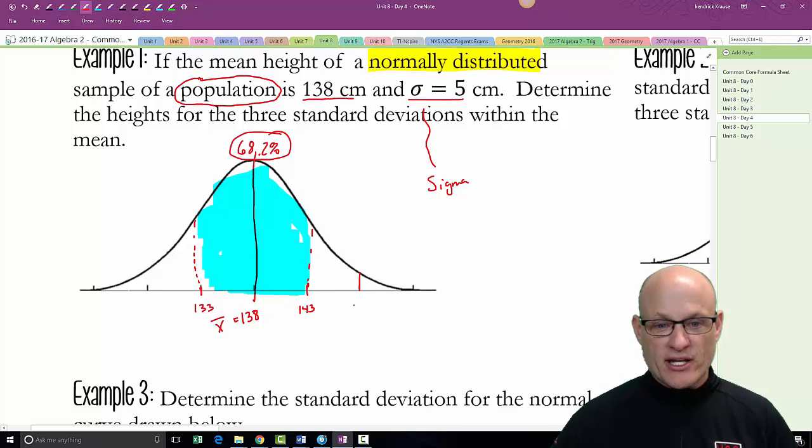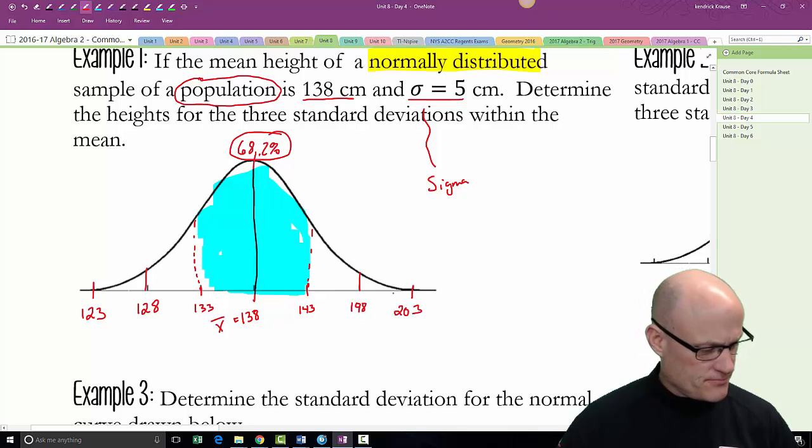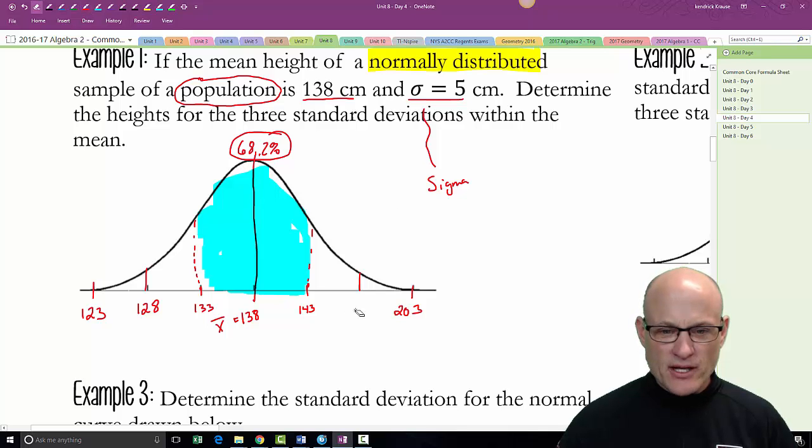If I go out another standard deviation, I'm at 148, and over here, I'm at 128. If I go out one more, I'm down here at 123 and up here at 153.